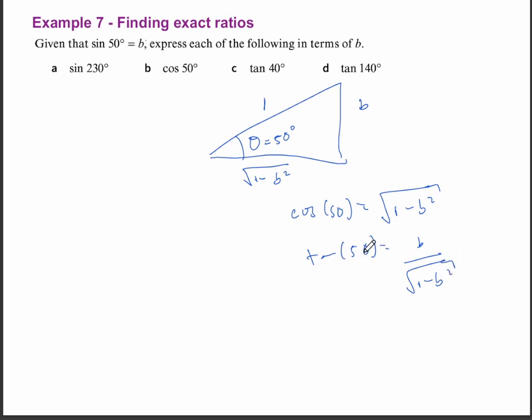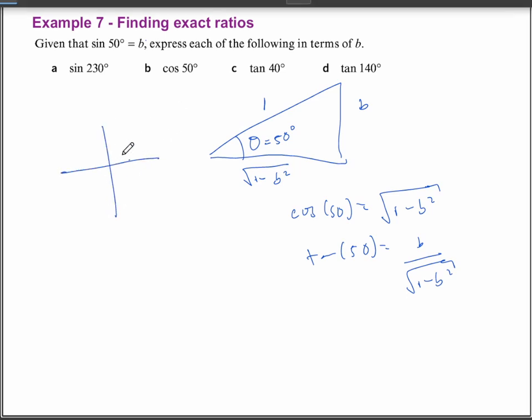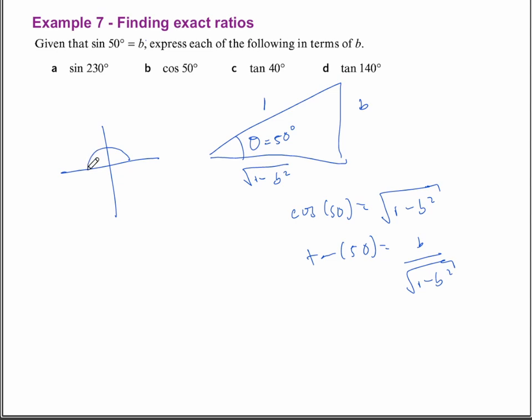Now we have this as a start. We can do the following. So sine 230, we can draw our quadrant. So 230 degrees is 180 degrees plus 50 degrees more, which leaves us with 50 degrees as our reference angle. And since it's in the third quadrant, it's going to be negative of that. So sine of 230 is going to be negative sine of 50.